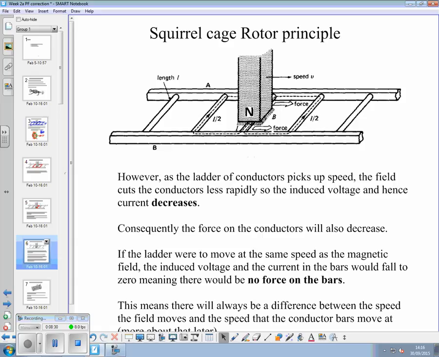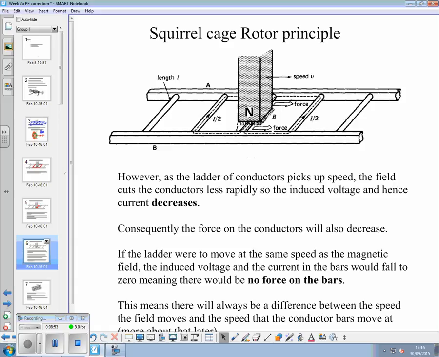Now, however, as the ladder of conductors picks up speed, so we've moved this magnet at a certain speed, initially the conducting bars are stationary. And remember, there has to be a difference. It has to be cutting across that conductor to induce a current in it.